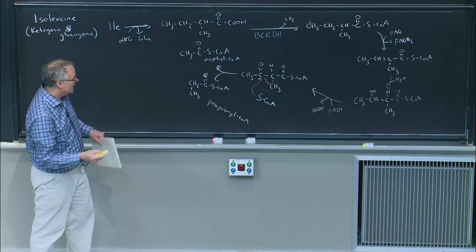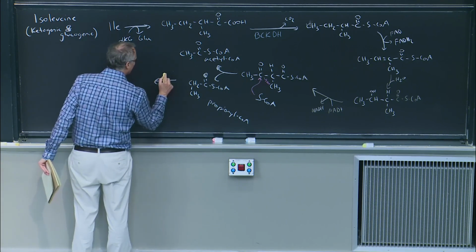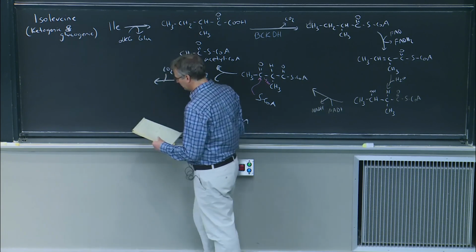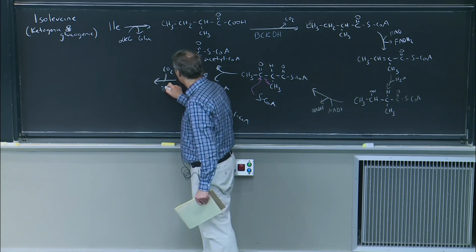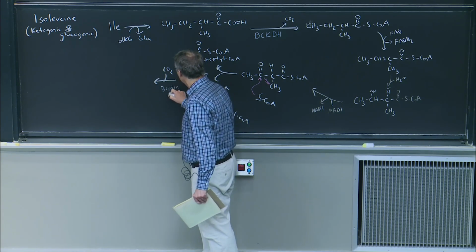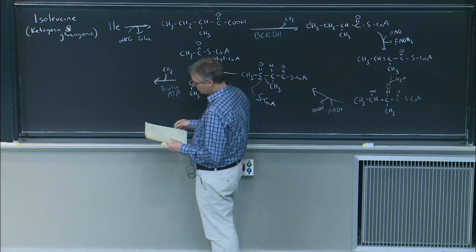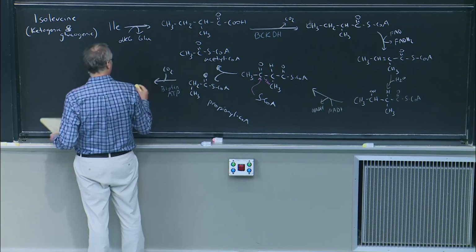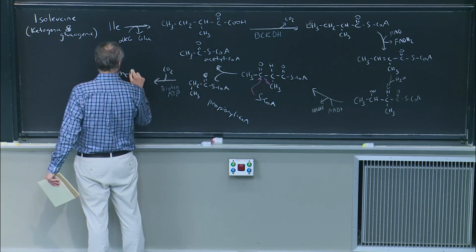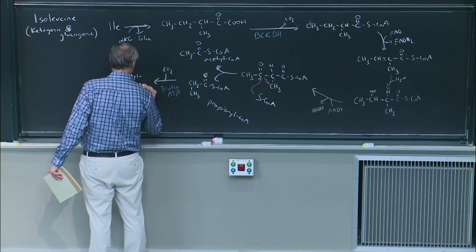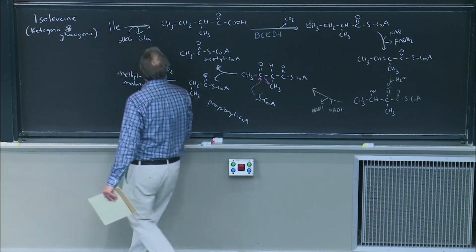Remember, to deal with that, we can add CO2, okay? So that, of course, requires biotin and ATP. So remember, we add CO2 to this molecule. I'm not going to draw it all out for the sake of time, but that gives us methylmalonyl CoA, okay?